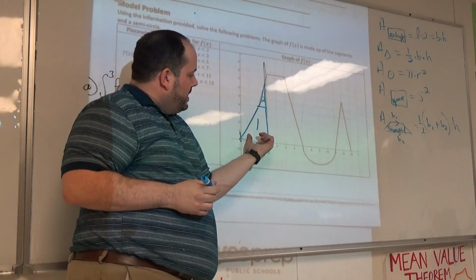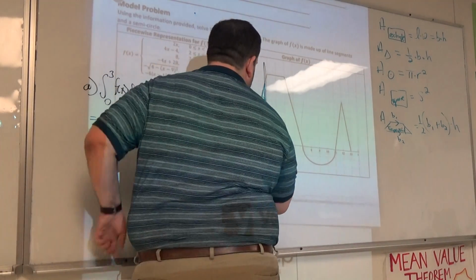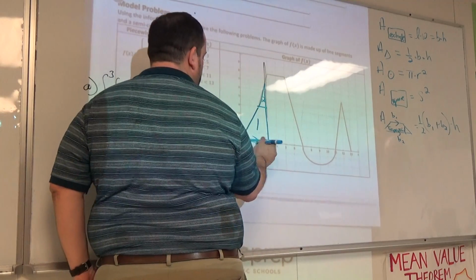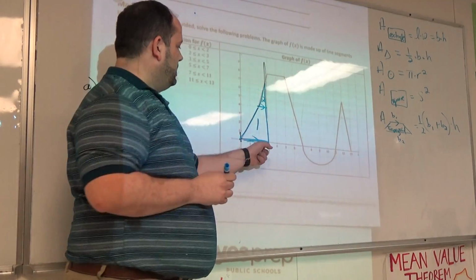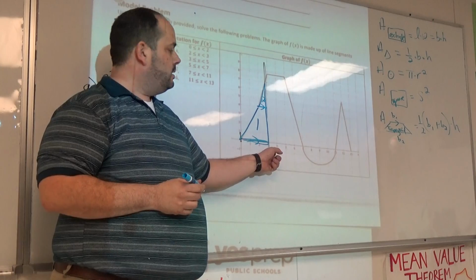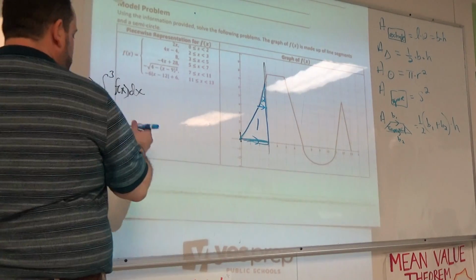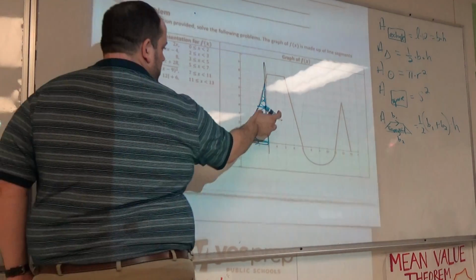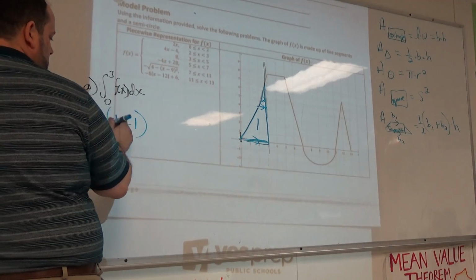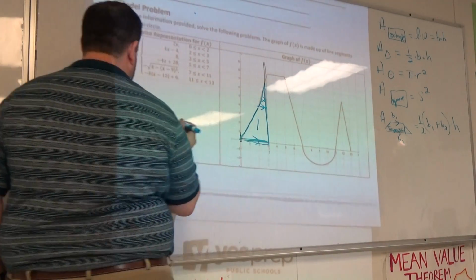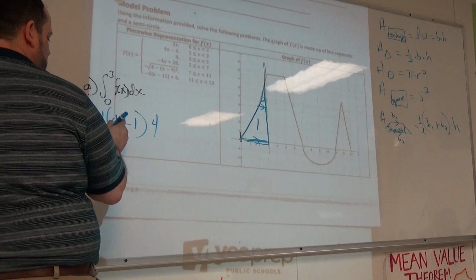If I'm going to find the area of a trapezoid, the bases are the sides that are parallel to each other. These guys are parallel. So find the length of that base, 4. Length of that base there is 1. The height, I think the height is 4. And I'm going to cut it in half.